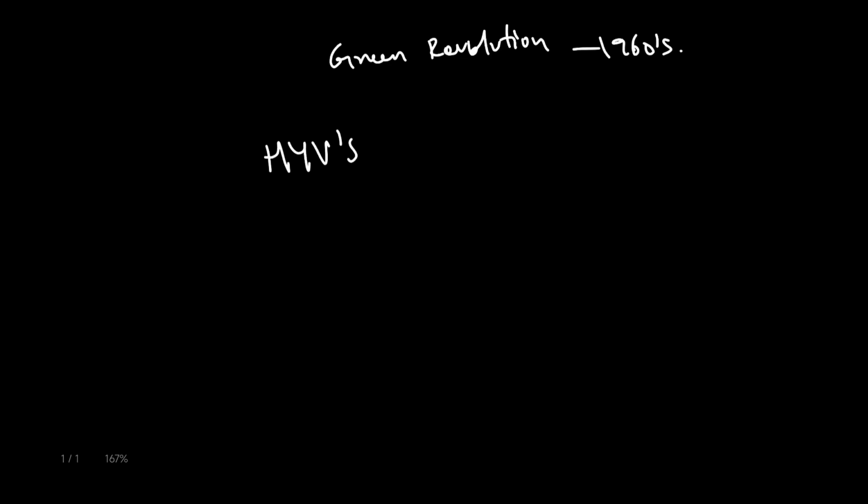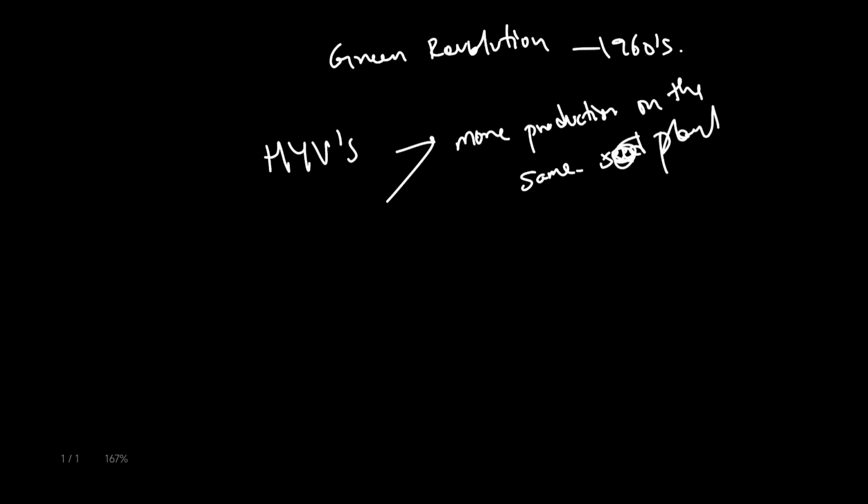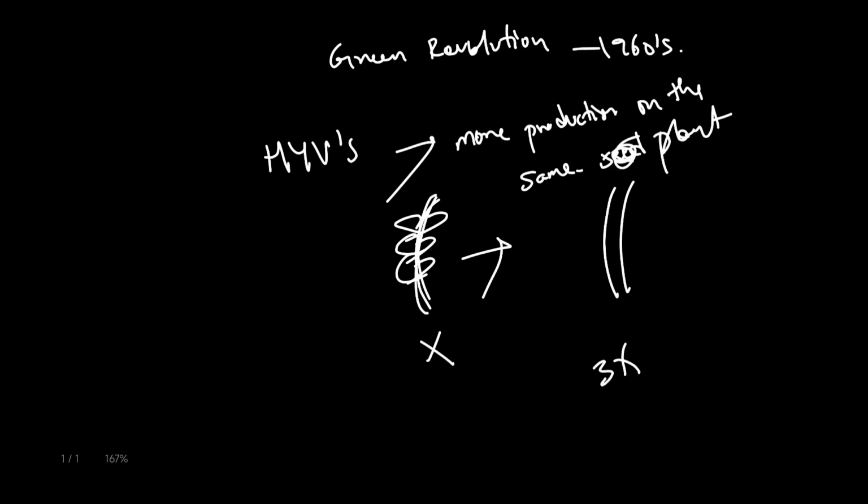What happened with high yielding variety seeds was, they used to give more product on the same seed and same plant. If we consider wheat, if there used to be an X amount of produce with natural seeds, there used to be 3x produce with these high yielding variety seeds.